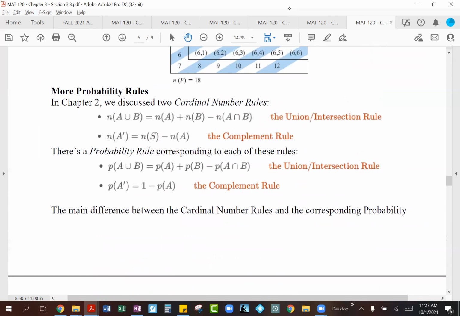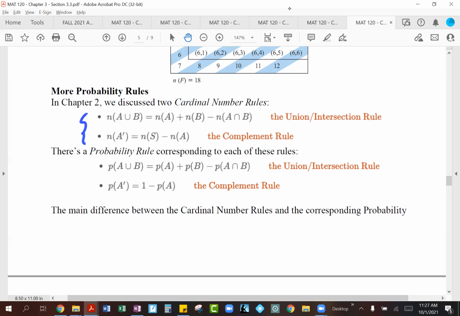In set theory, if you remember, we had talked about these cardinal number rules that you can see right at the top. If you take the cardinal number for the union, you can calculate it by adding each one of the individual sets A and B, and then subtracting any overlap that might be happening between those. So you subtract the cardinal number for the intersection.